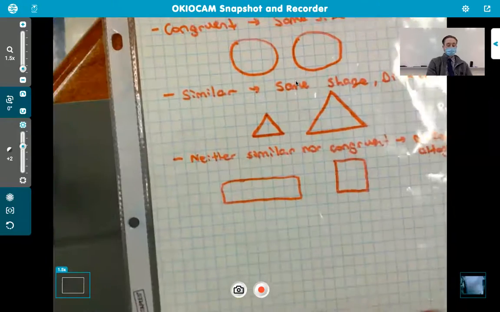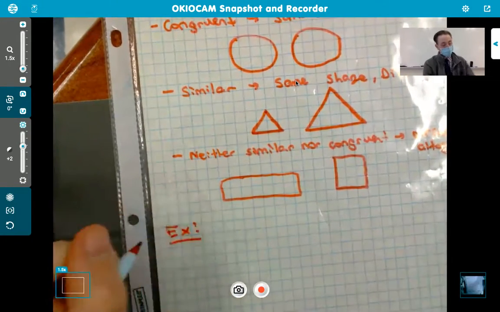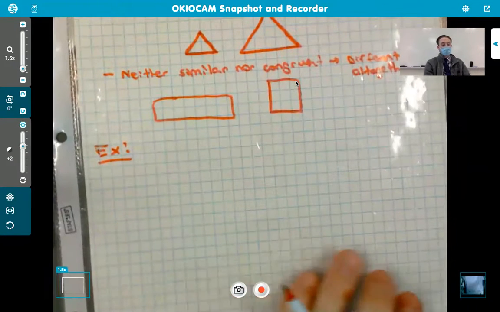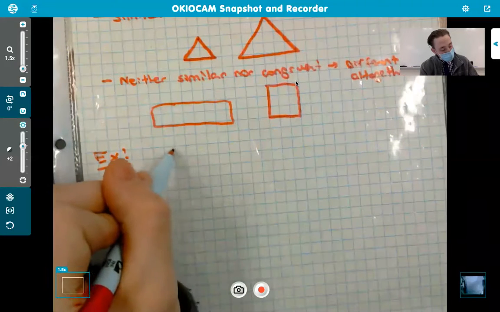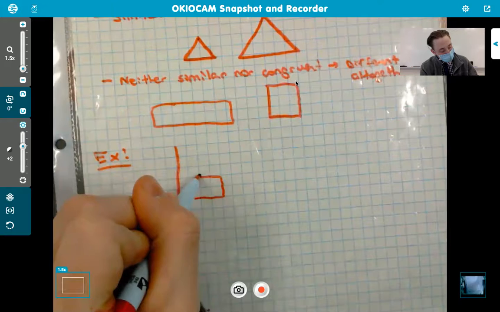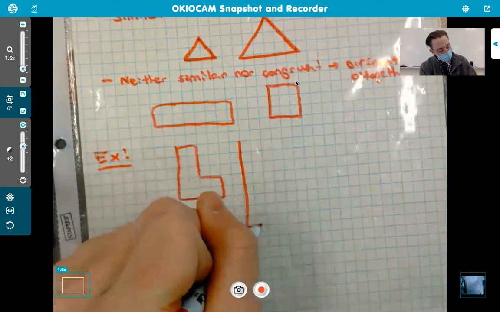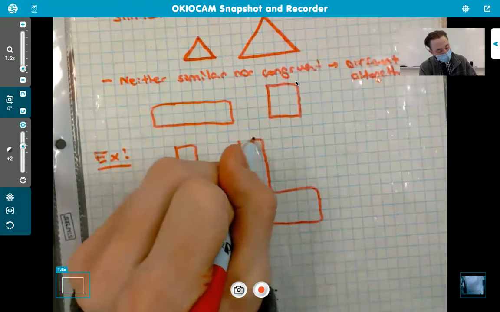So what I'm going to do is take a second here, and I'm going to draw out a couple of figures, or pairs of figures. And I want you to tell me whether or not they are similar or congruent, or neither. So the first pair here, if I were to draw the figure that looked like this, figure that looked like this.